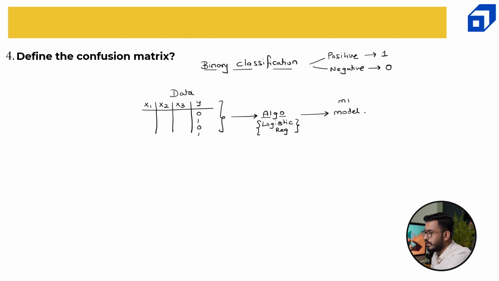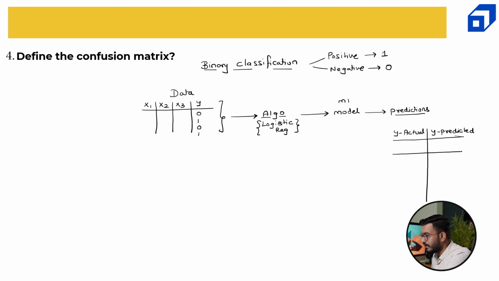Now this machine learning model can make predictions. So there can be four possible scenarios. This is my y actual and this is my y predicted.